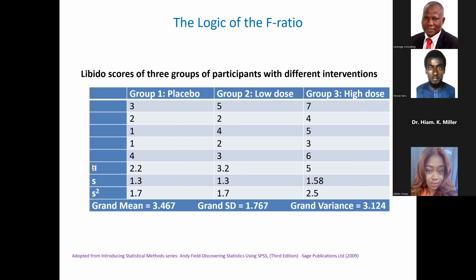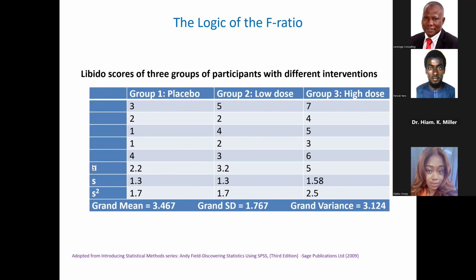Another way of calculating the grand mean: you may calculate the mean of the 3 means, 2.2 plus 3.2 plus 5 divided by 3, which still gives you this grand mean. Does it make sense?